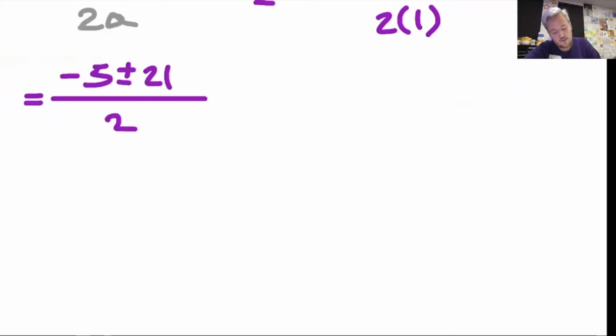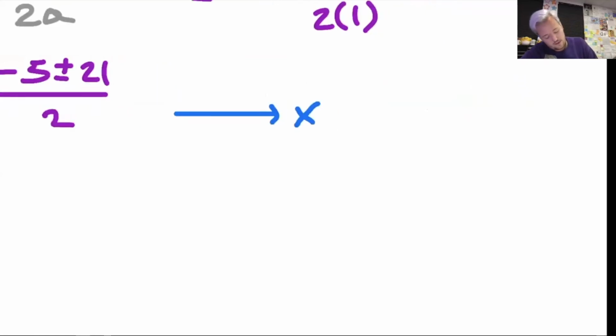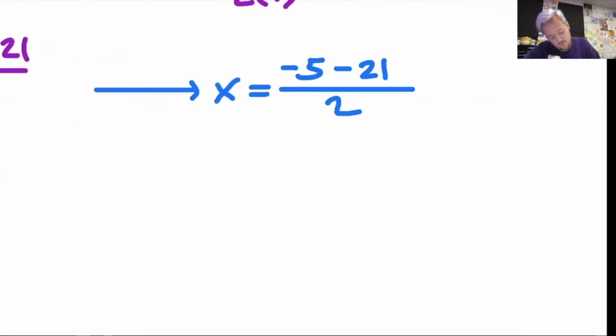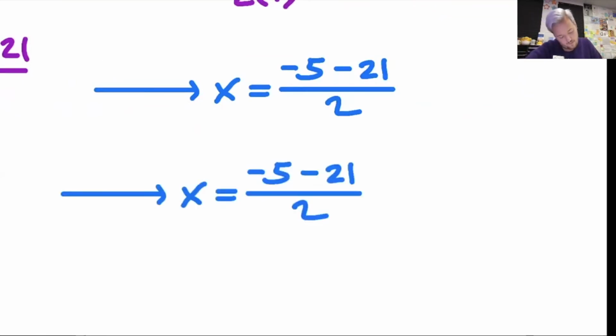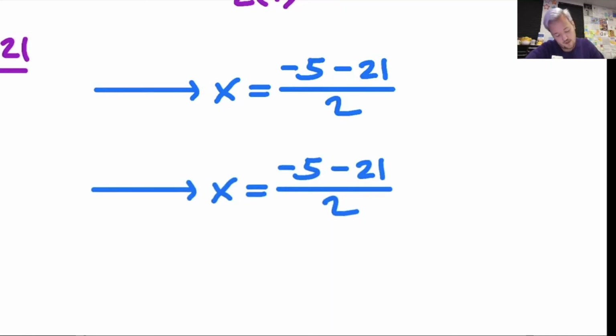All right, so this is where I'm going to split it into 2 different sections for my final solution. So I'm going to have x equals negative 5 minus 21 all over 2. And remember, you're doing the same exact problem essentially right below it, but instead of subtraction, it is addition. I'm going to change the colors.